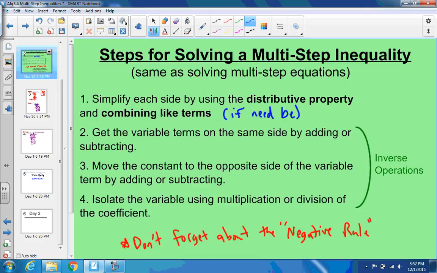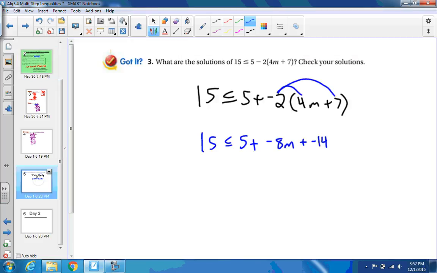We did distributing property. Is there any like terms that we can combine? I think there are. On the right side, we have the 5, and we have the negative 14. So everything else stays. 15 is less than or equal to, we'll have the negative 8m in front, and 5 plus negative 14 is going to be negative 9, so plus negative 9.